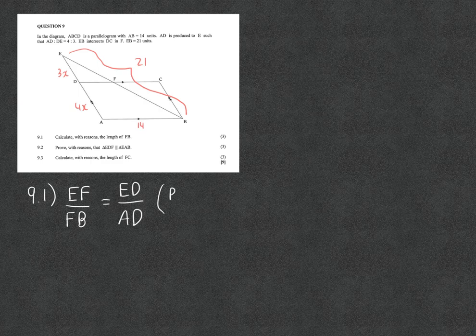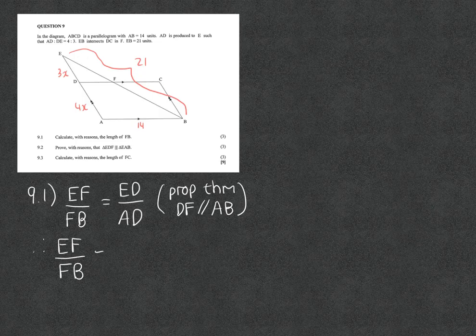And that's because of prop theorem, and that's because DF is parallel to AB. So therefore, EF is to FB will have a 3:4 ratio as well. So that means that 21 will be broken up into 3:4.